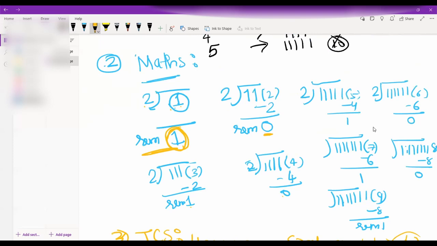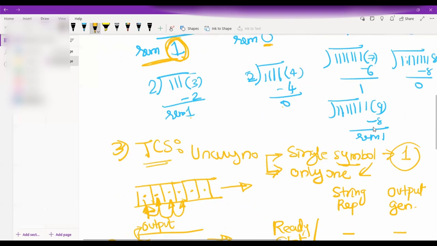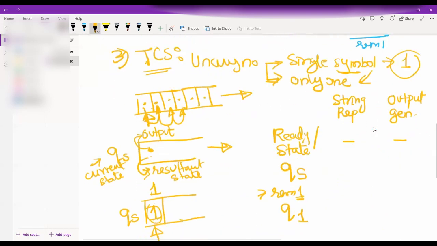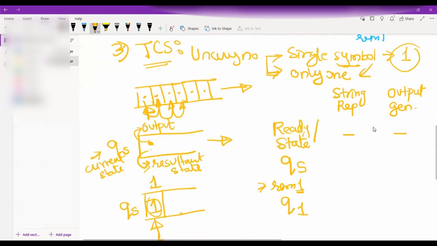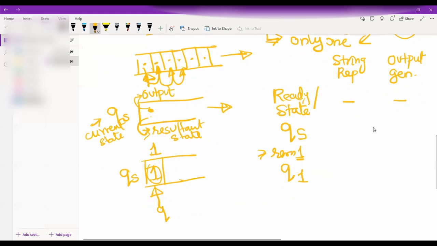We are getting output 1. To this output 1, we are giving a good name, which is called remainder 1, in the case of your mathematical method. Now in the case of the TCS method, this good name, remainder 1, is also known by one more name, which is called Q1.